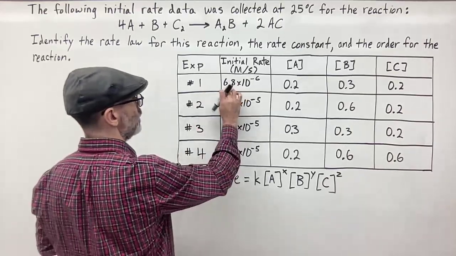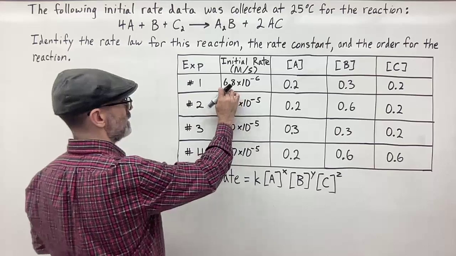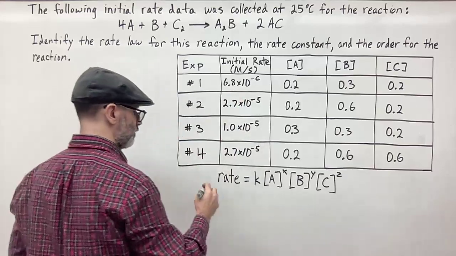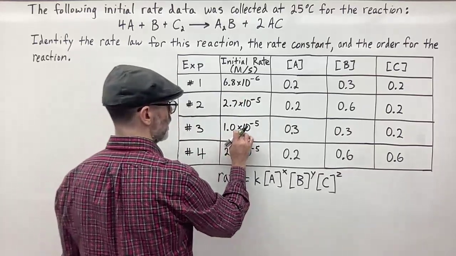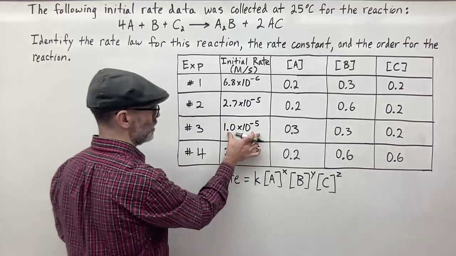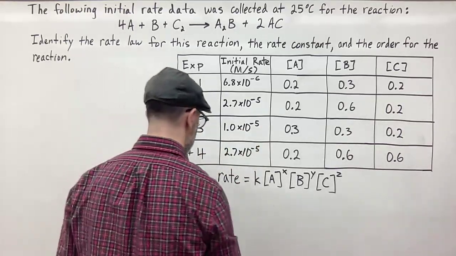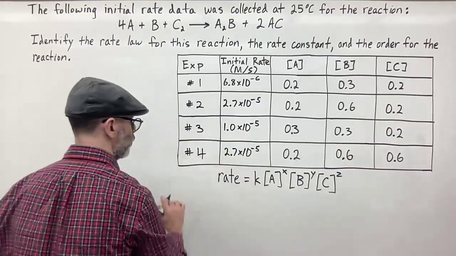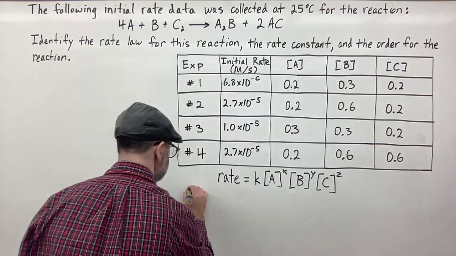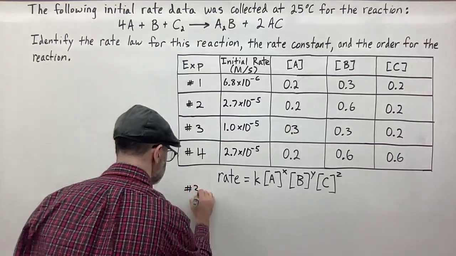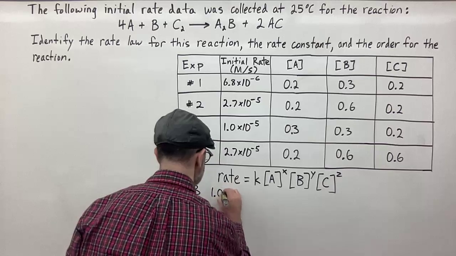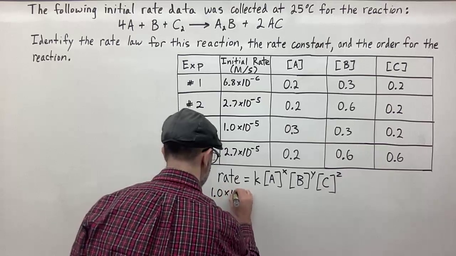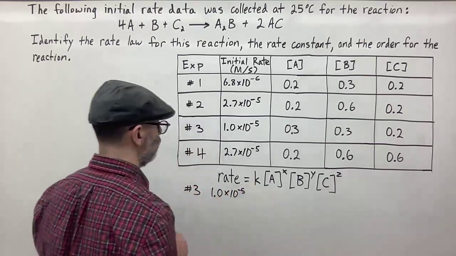For number 1, the initial rate is 6.8 times 10 to the negative 6. And then for 3, it's 1.0 times 10 to the negative 5. So this is larger. I'm going to write this one first. So for number 3, the rate is 1.0 times 10 to the negative 5.